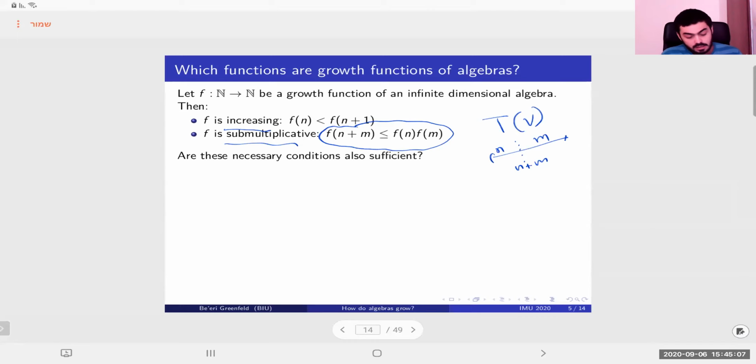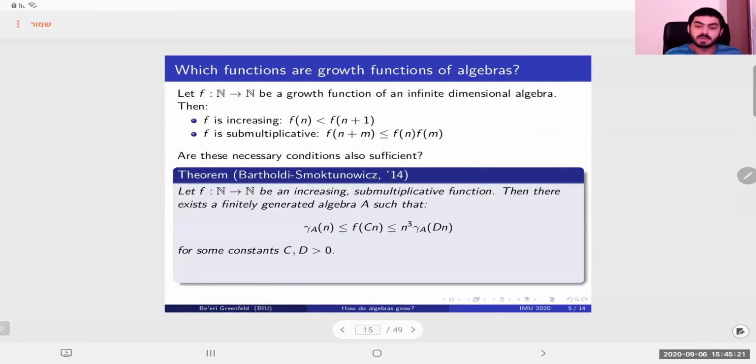So these are two very easy necessary conditions. And now one can ask if they're also sufficient. Is it true that any function that is increasing and submultiplicative is in fact equivalent to the growth function of some finitely generated algebra? The first major step towards understanding how huge the space of growth functions of algebras is, I think, was this construction of Bergman and Smoktunowicz, who proved that any reasonable function in this sense, increasing and submultiplicative, is almost realizable as the growth function of an algebra.